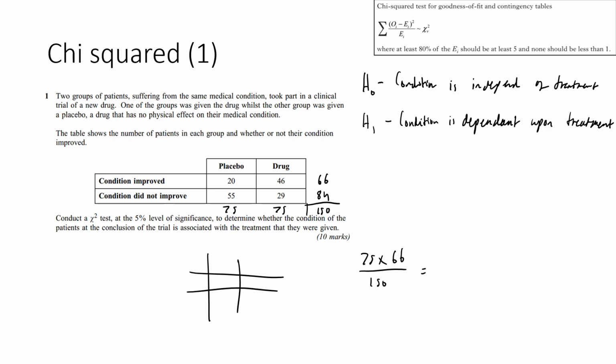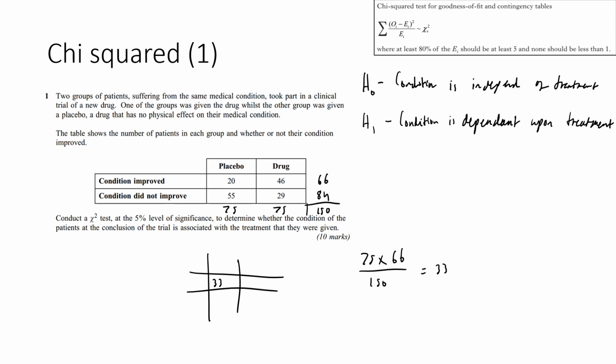And that gives us 33. So we would put 33 here, because for the placebo and condition improved number, row total is 66, column is 75, total is 150, and we do the calculation and we get 33. Now we do that for all the boxes.